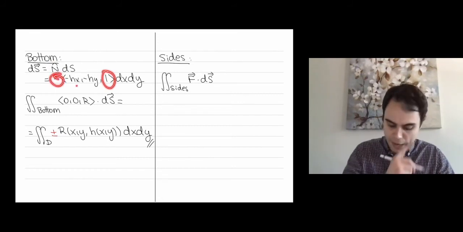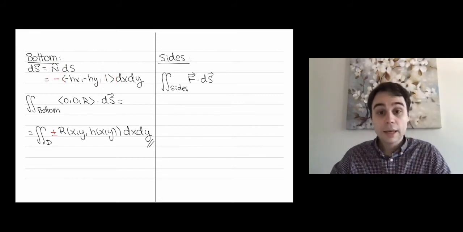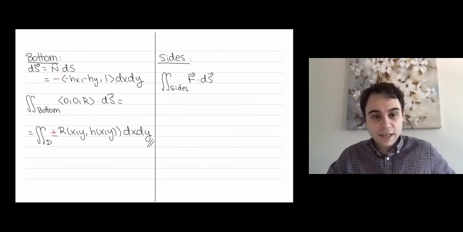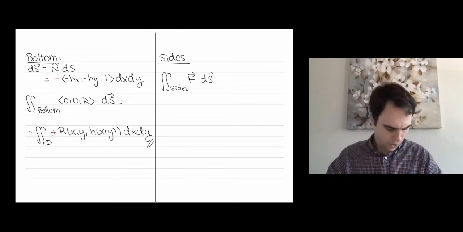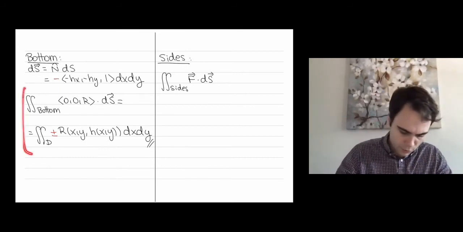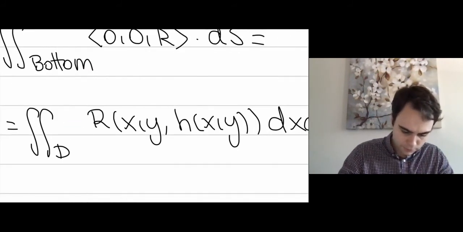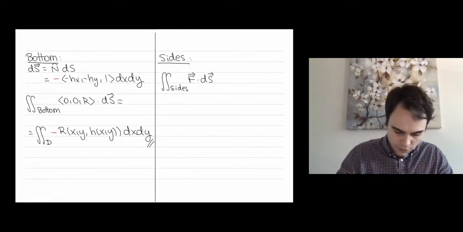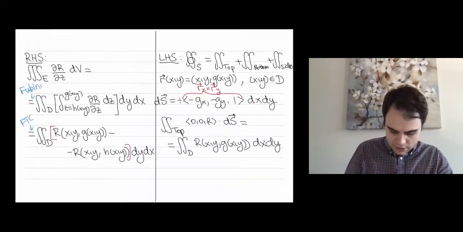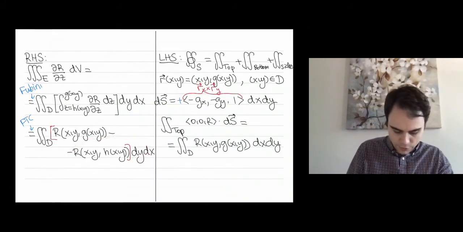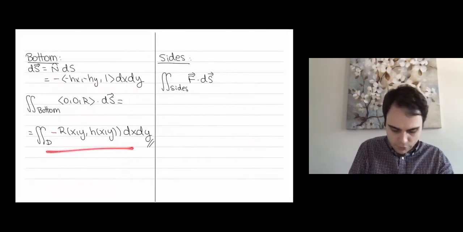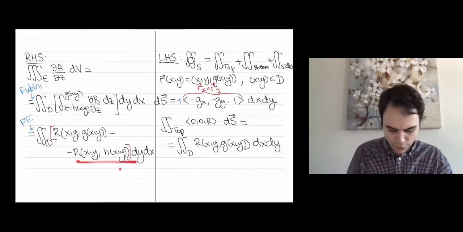That's why I choose the minus sign. And when I choose this minus sign, I get this minus sign over here. So you see, it's exactly as I promised: I get the integral of the function I'm subtracting over here.